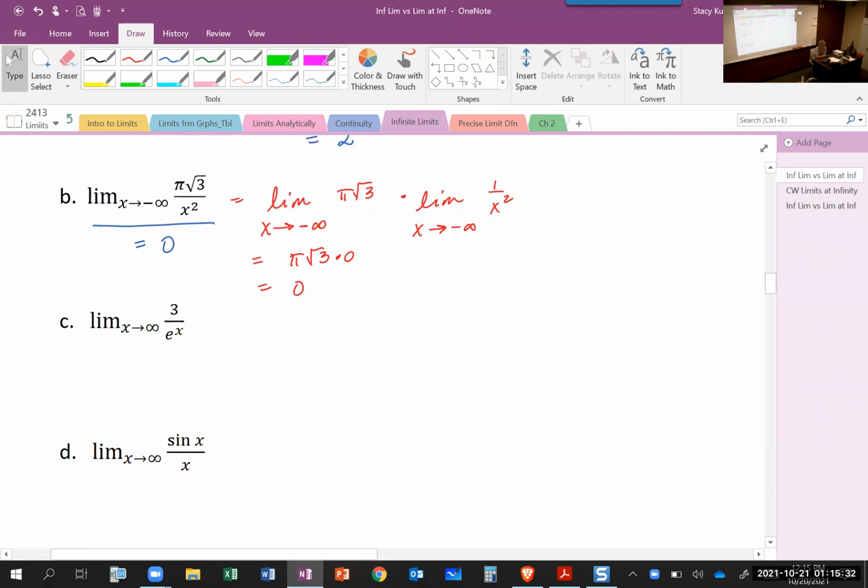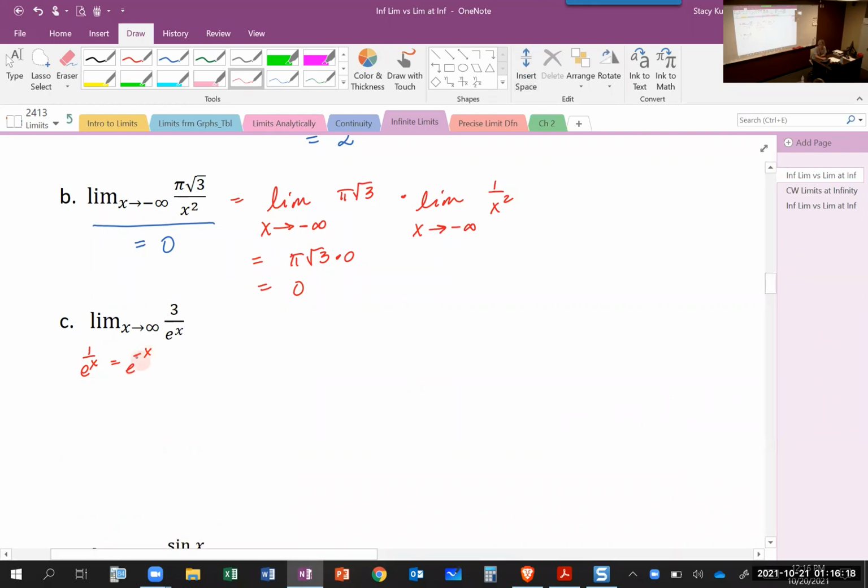How about this next one? It's not infinity. We have to think about it: we know that the numerator is going to be a constant. What happens to the function 1 over e to the x as it gets larger and larger? 1 over e to the x is the same thing as e to the negative x.